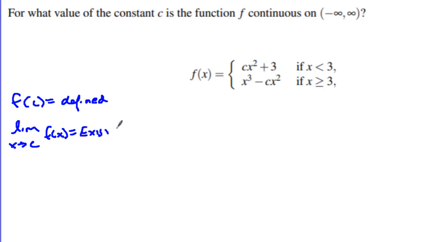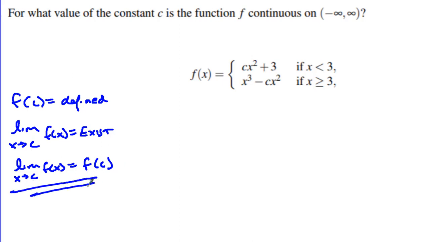The last and most important: the limit as x approaches c of our function has to be equal to the exact point when we plug it in, that defined point. That has to be true in order for our function to be continuous. If it's not true, then it is not going to be continuous.